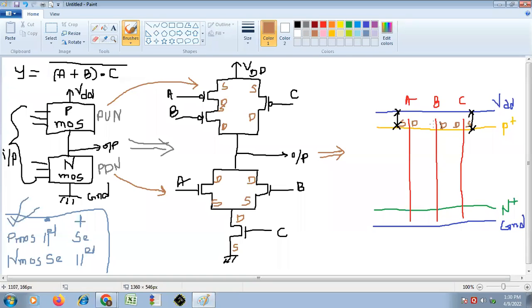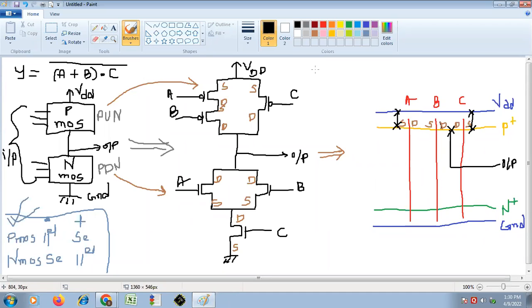This is the drain of B, and obviously it is the source of A. So the source of A and the drain of A are common. And from this place, the drain of B and drain of C, we are taking the output. Okay, it is output. Now we have finished with the pull-up network part.